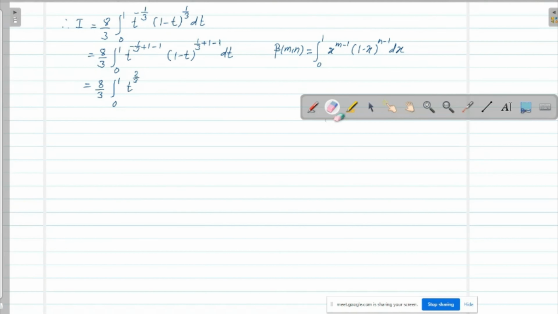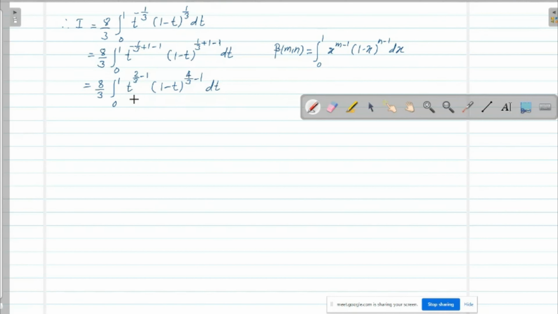I just explained to you the difference between minus and plus. So this becomes t raised to 2/3, 3 ones are 3 and minus 1, that is 2/3 minus 1, and into 1 minus t raised to, just cross multiply, 3 ones 3 plus 1, 4/3 minus 1 and dt.